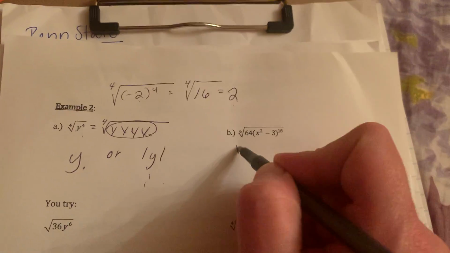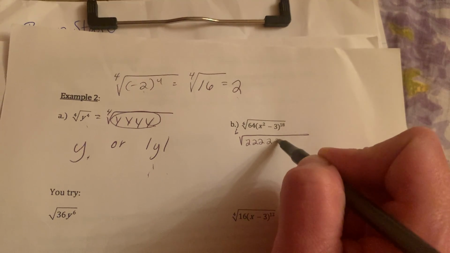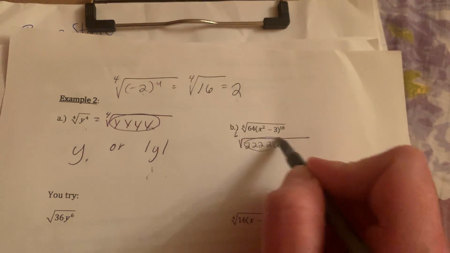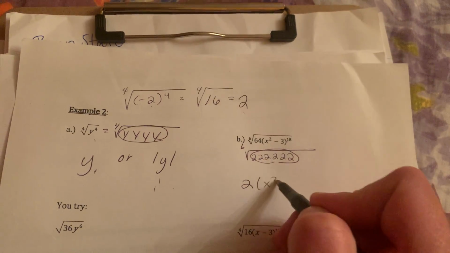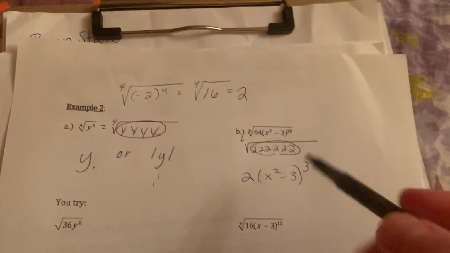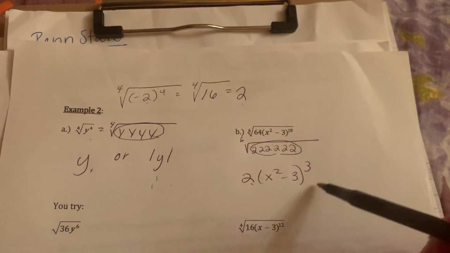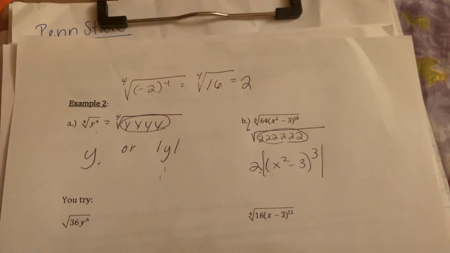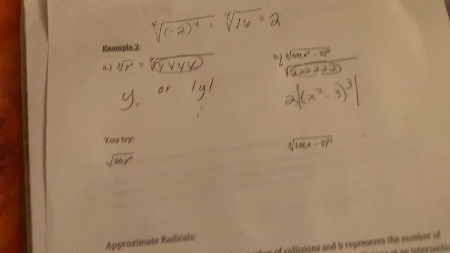Here, let's try it again. 8 times 8. So we need a group of 6. 18 divided by 6 is 3. Here, 2 is never going to be negative, so I don't need absolute value bars around the 2, but I would need them here. You do not have to do this, but you can.